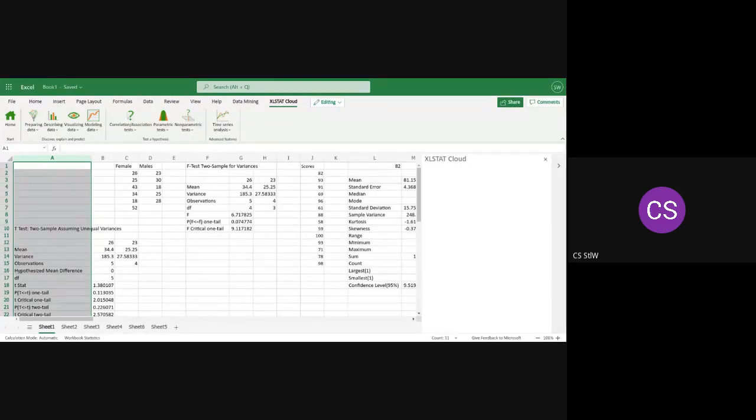While it's loading up, there are many operations that can be performed, and even for those of us who have done mathematical courses, we know that there's probability 1, probability 2, probability 3, and so on.